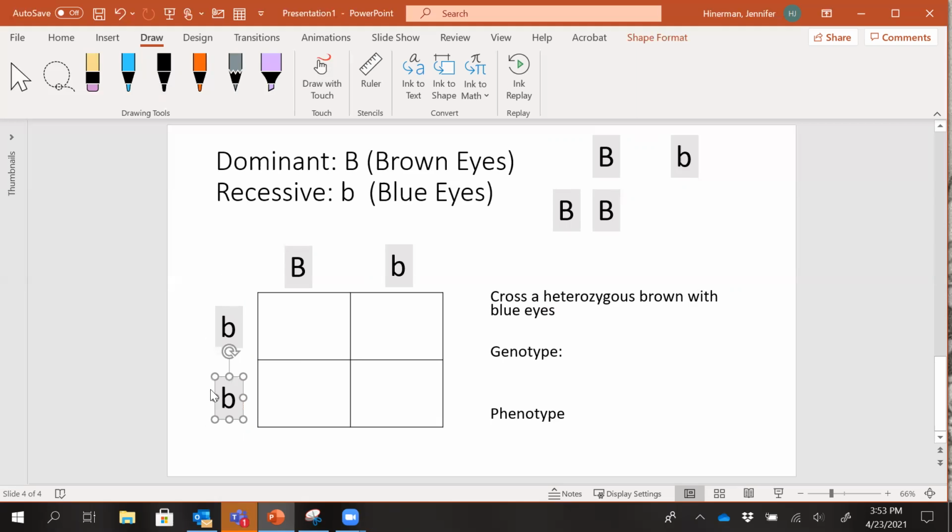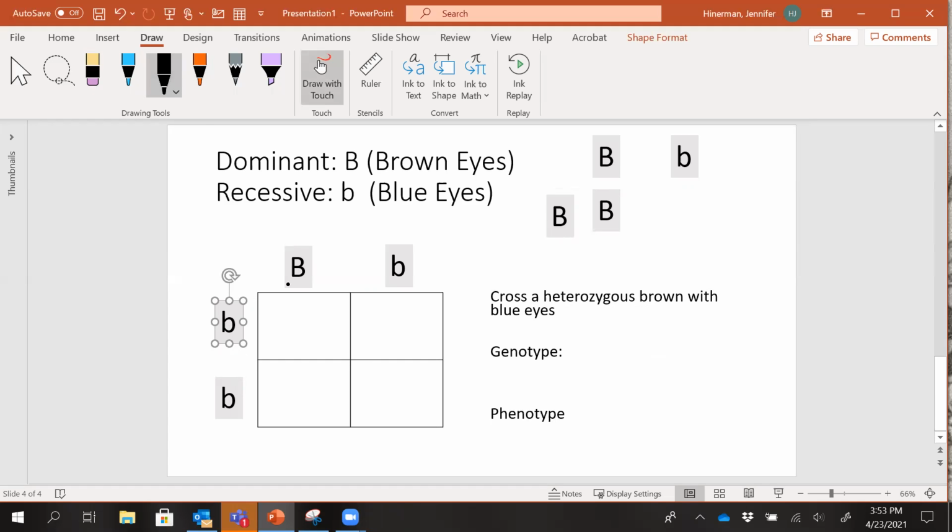The way that we know that is if they had one little b for blue and they had a big B, this big B is going to overpower it and make them have brown eyes. So that wouldn't be blue eyes. So the only way that you can see the blue eyes is if there's no capital letter to power over it. So that means that both of your letters, one from mom, one from dad, have to be lowercase.